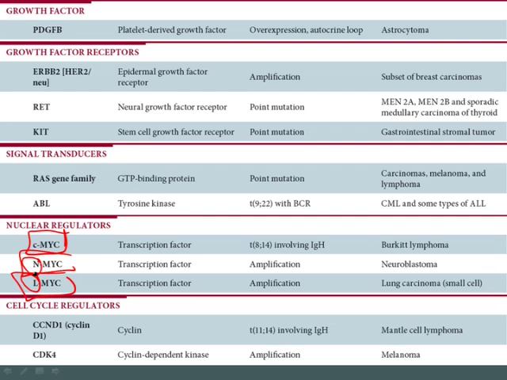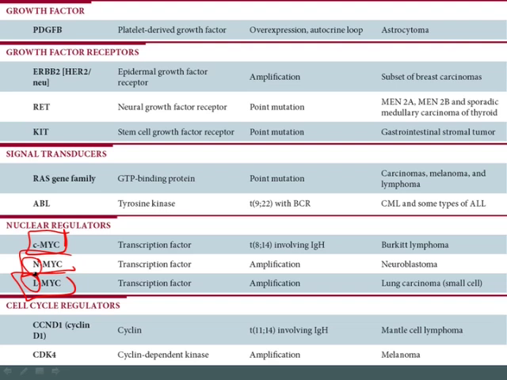Each of these is a transcription factor. Upregulation or overexpression of the MYC gene will result in overproduction of growth promoting proteins, and that will result in overgrowth, increasing the risk for development of a particular type of cancer.